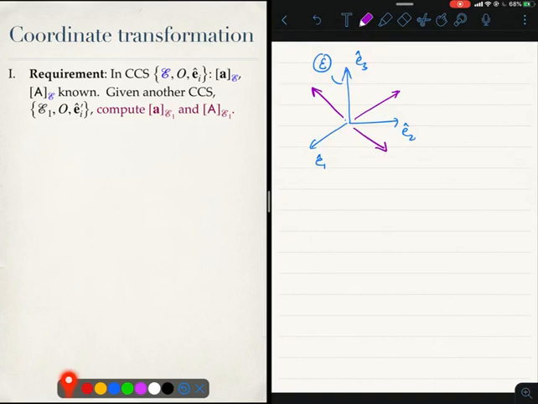That is absolutely unnecessary. All that matters ultimately is the orientation, as you will figure out soon enough. So that's my new coordinate system E prime.